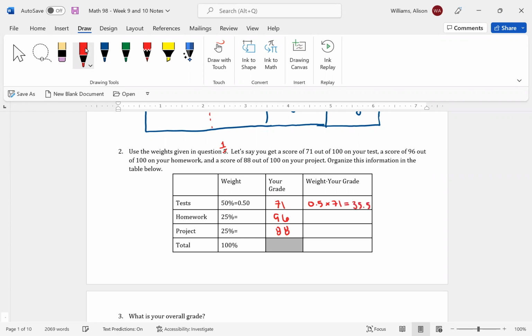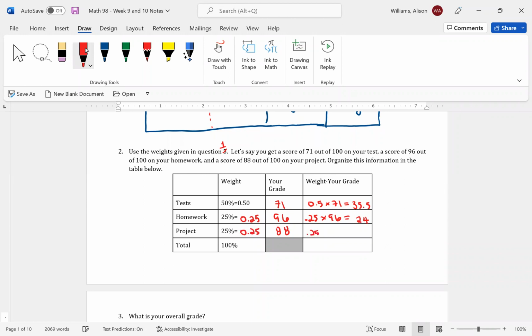For homework, since it's 25%, let me write that as a decimal, 0.25. I'm going to drop the 0 just to fit it in, times 96, and that's going to equal 24. And then for the project, also 0.25, which I'm going to multiply times 88.